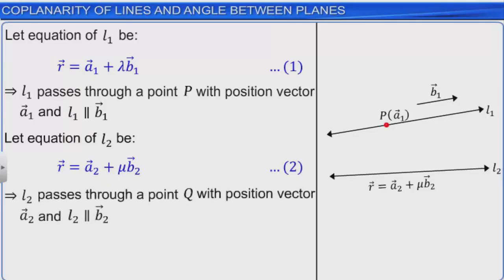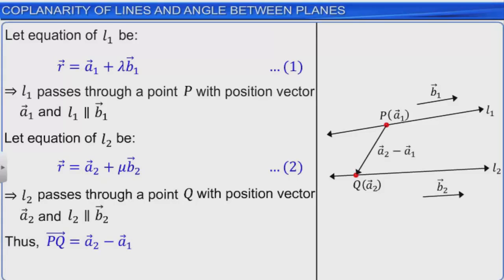This implies that line L2 passes through a point, say Q, with position vector A2 and is parallel to vector B2. This further implies that vector PQ is equal to position vector A2 of point Q minus position vector A1 of point P.